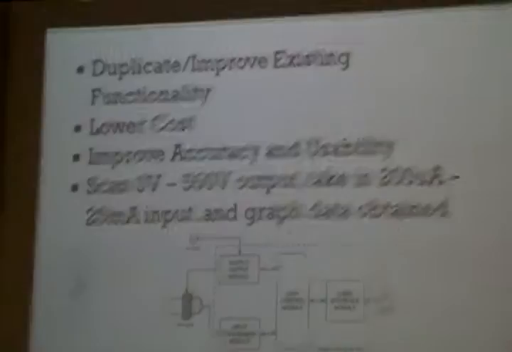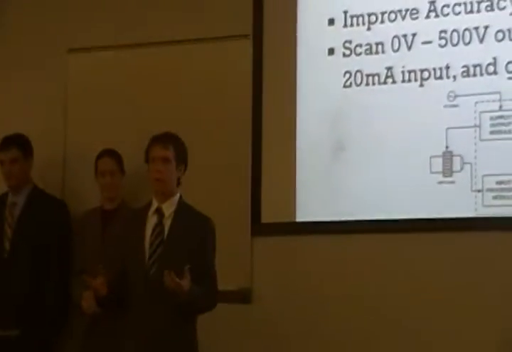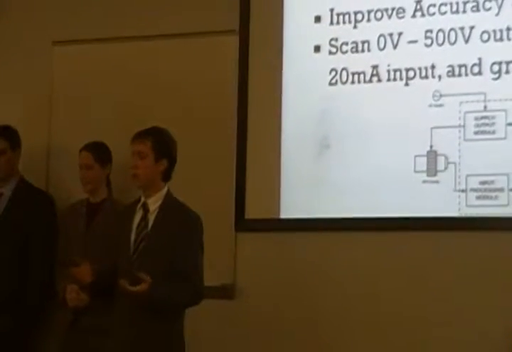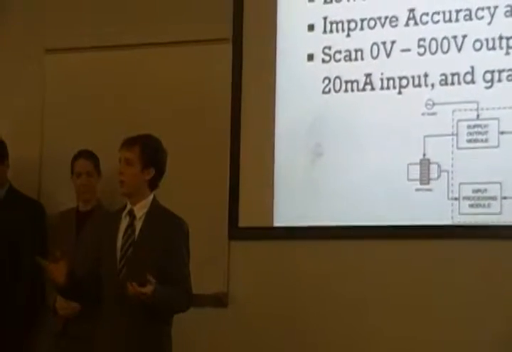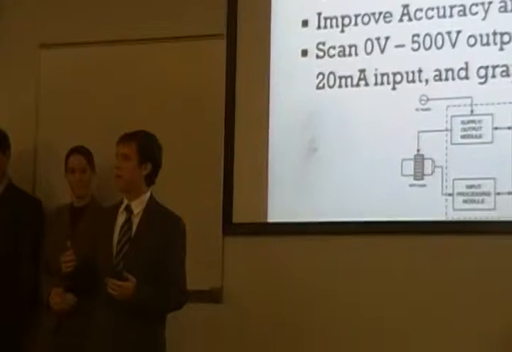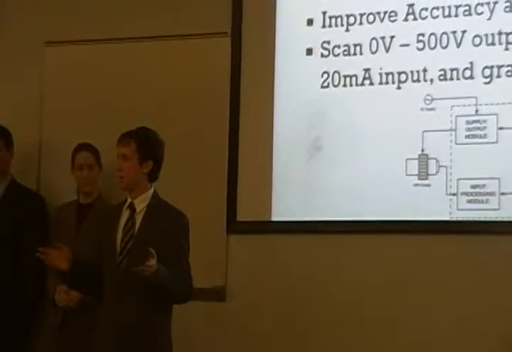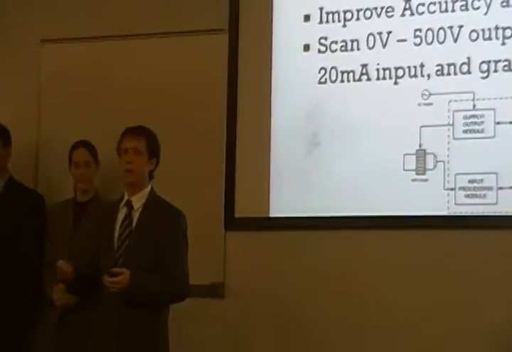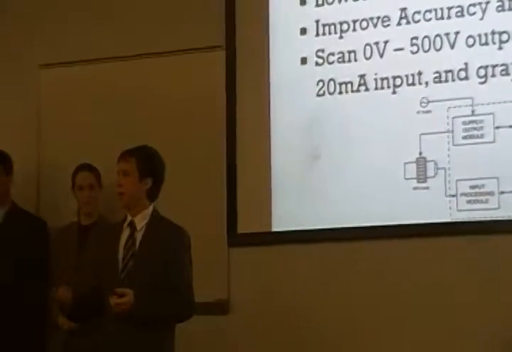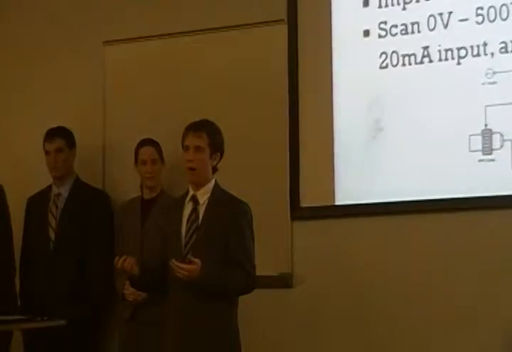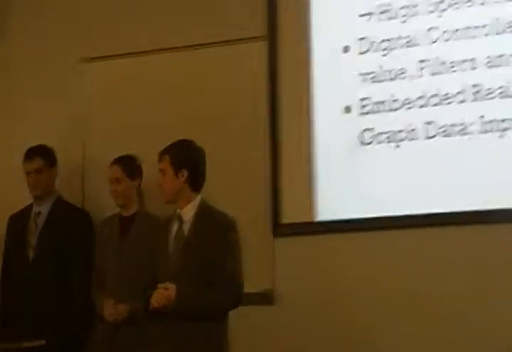If we can make the system more usable and more accurate, that really improves on what's already being done. So we're doing this by having a high voltage scanning. It's approximately 0 to 500 volts, which creates a scanning ramp that's used to scan the resonance of the laser. And then we'll be taking a current from a photodiode, and that current will then be used to graph and show to the user.